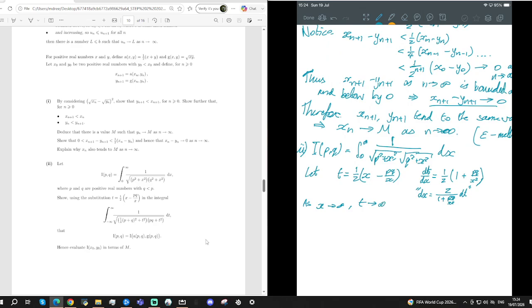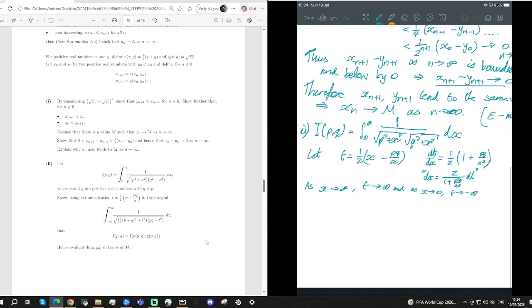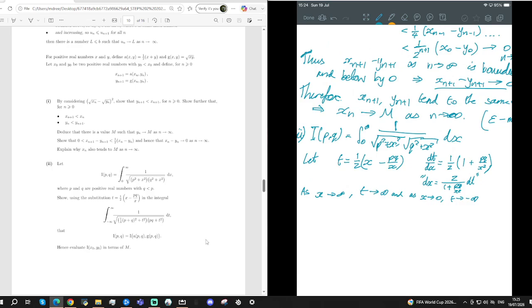So that limit goes to infinity. And as x tends to 0, again I have to use tends to because I can't sub 0 into this substitution, now it's this part that goes to 0 and this part which goes to infinity, but now that's a negative infinity. t goes to negative infinity.